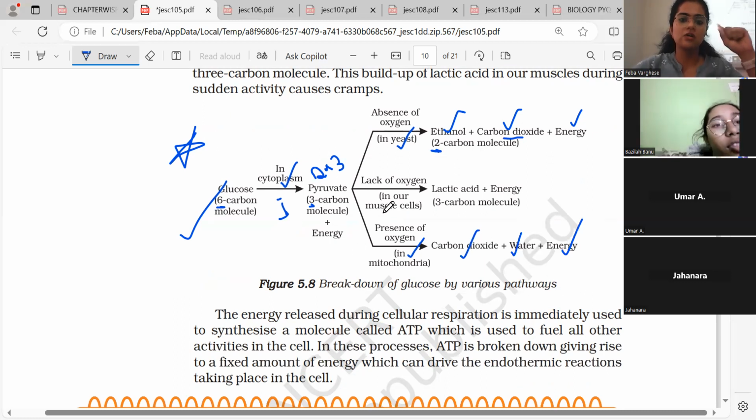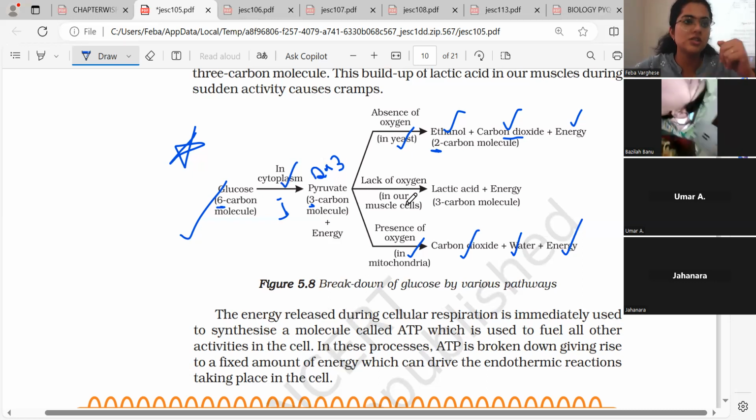All right. Now, anaerobic respiration can happen in human muscle cells also. When does it happen? When we do strenuous exercise. Our muscles demand more energy, and since oxygen is not available, it shifts into anaerobic respiration, by which energy is produced.